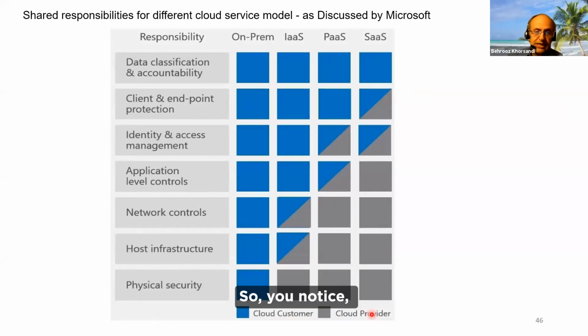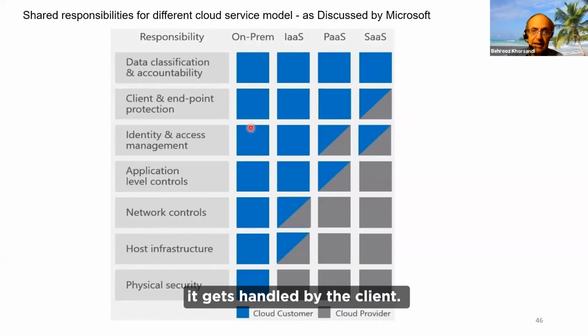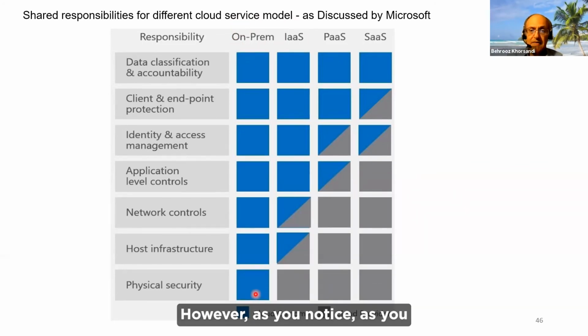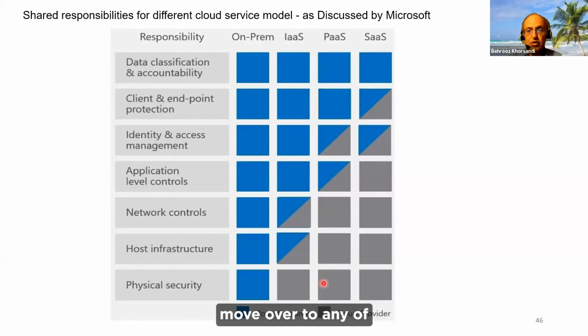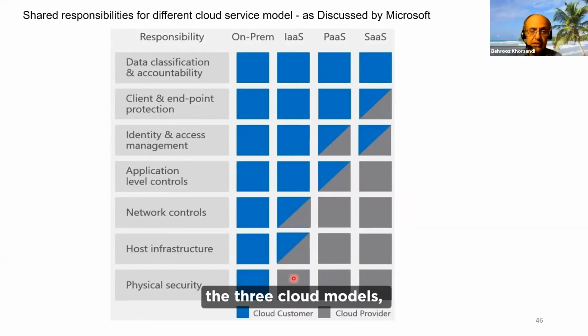So you notice the physical security gets handled by the client only if you're running an on-prem model, on premises, where you have your own data center. However, as you move over to any of the 3 cloud models, physical security is the responsibility of the cloud provider.